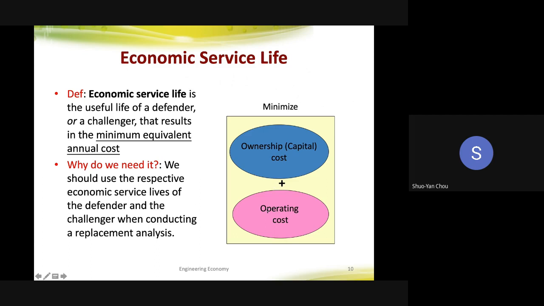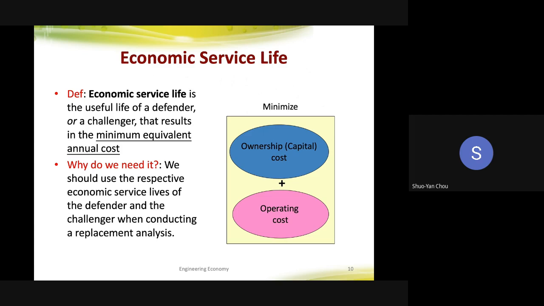However, typically the operating cost is higher and higher over the years, as we said, because the machines get older, so we need to maintain the machine more frequently, and it's more prone to break down.